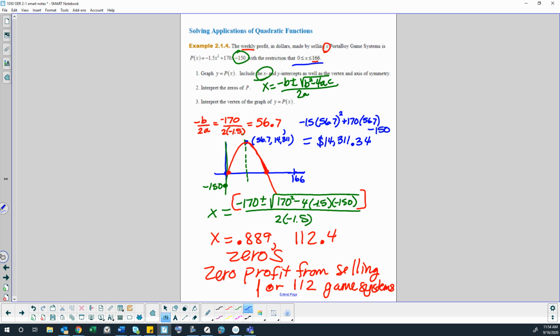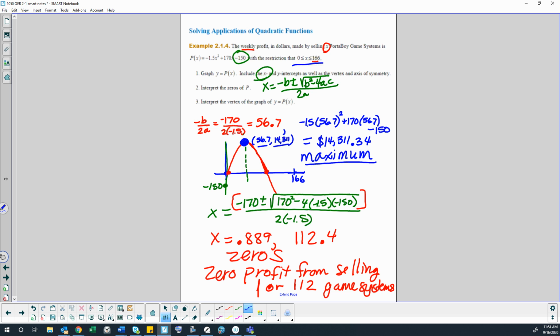Okay. So then, step 3, interpret the vertex of the graph. So this was the vertex right here at 56.7, 14,311. What does that mean? We have an x value and a y value. What do those numbers mean? Here's a hint. I put a dollar sign on the y value after I calculated it. Perfect.